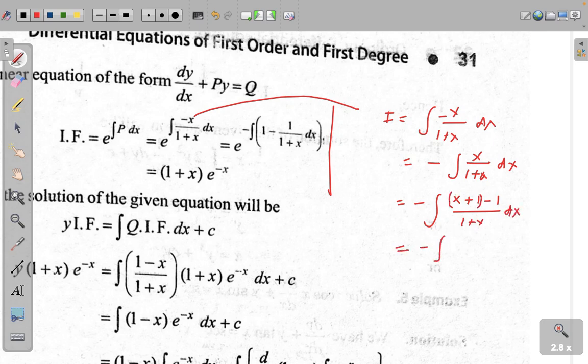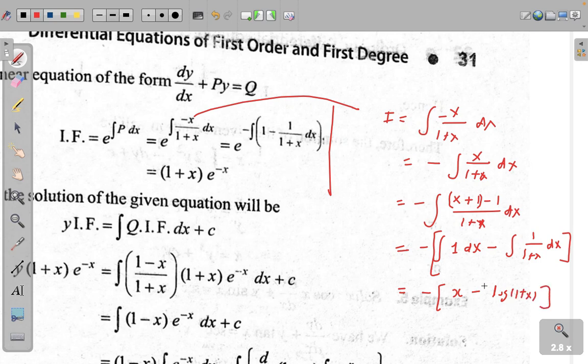So this will become integral of x plus 1 upon 1 plus x, which means 1, and minus 1 upon 1 plus x. So we have two integrals now. The integral of 1 dx is x, the integral of this is log 1 plus x, so we get this.